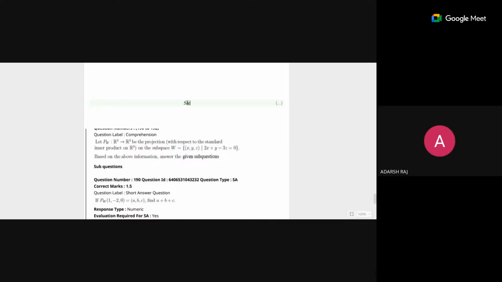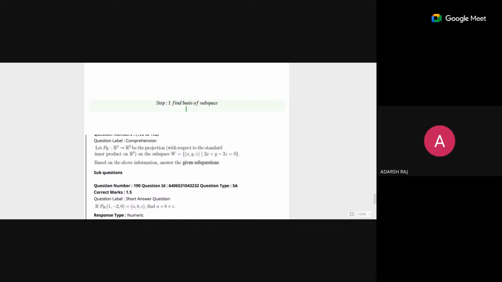I'm writing the steps for finding the projection. First, find the basis. Second, convert it into an orthonormal basis.